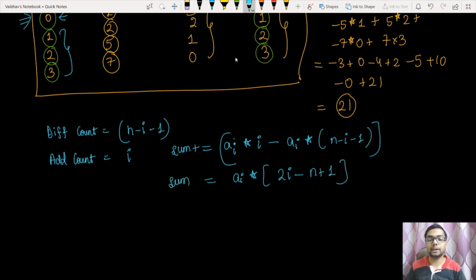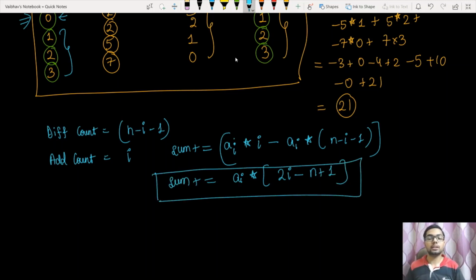So I will iterate over this array and add the value a[i] into 2i minus n plus 1 inside my variable sum, and after looping I'm going to return this variable sum, and this would be my answer.